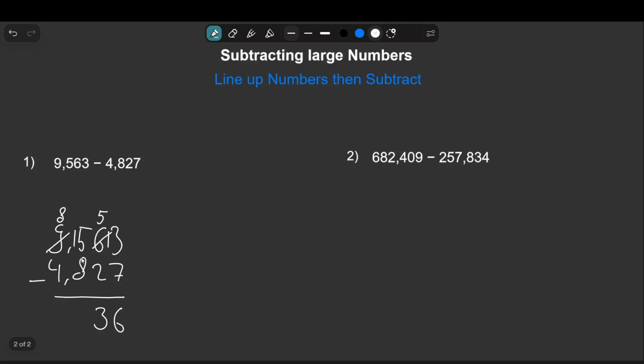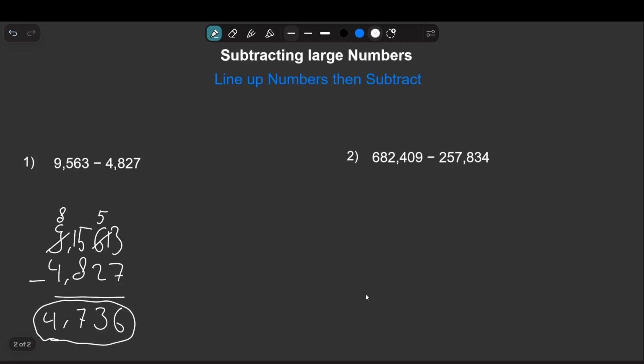So 15 minus 8 equals 7. So now we are done with that one, and now we go over to the last one. We have 8 minus 4, and this will just be 4. So this will be our final answer of the first example.